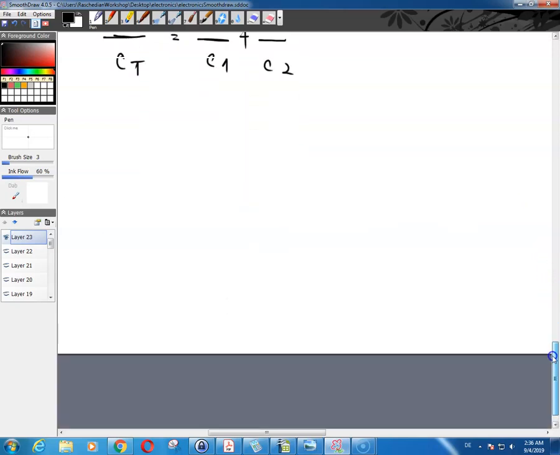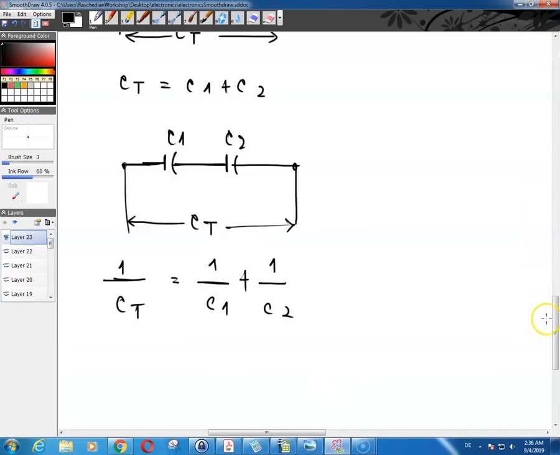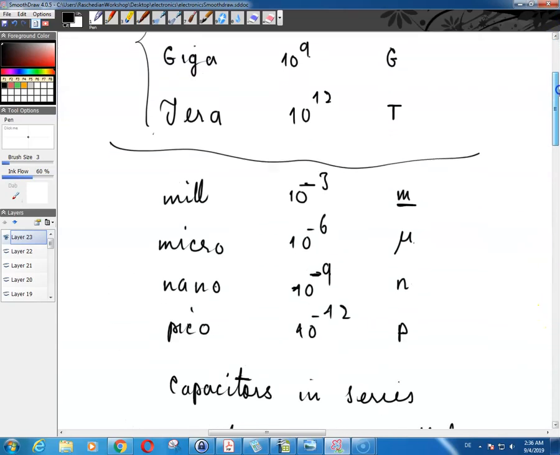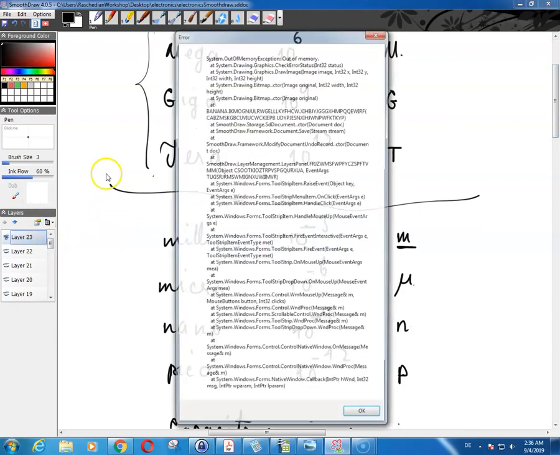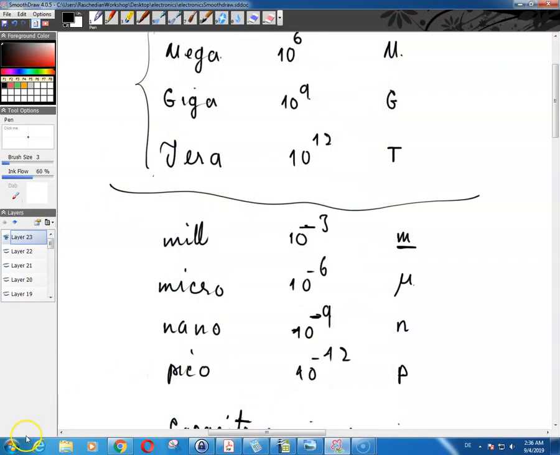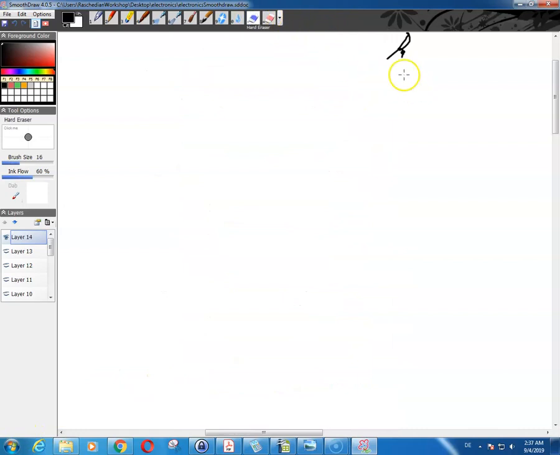So now let's do a couple of these and see what happens. Do some calculation with this. Now suppose that you have a capacitor C1 connected in parallel with another capacitor C2.